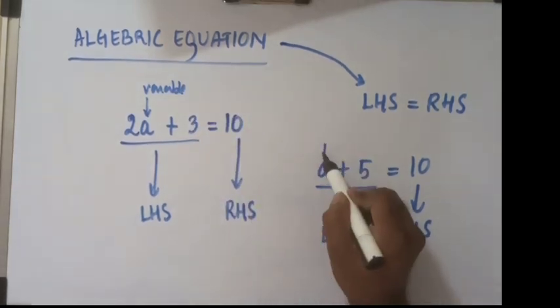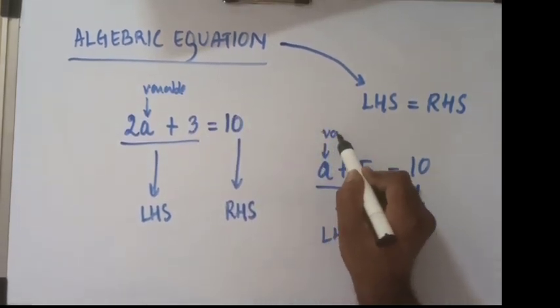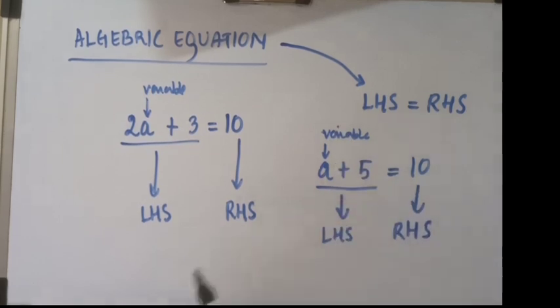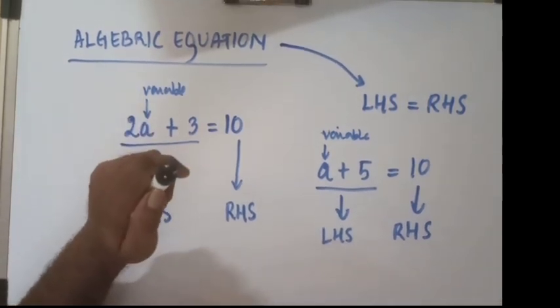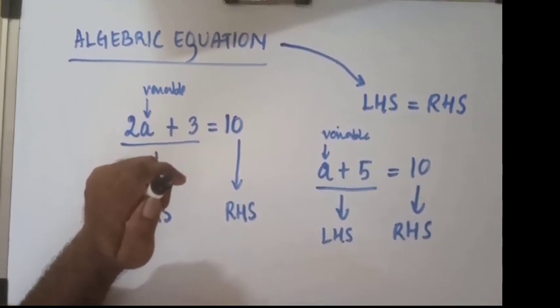And finding the value of the variable is easy as well as difficult. At times the equations may be so easy that you can find the value calculating mentally also.